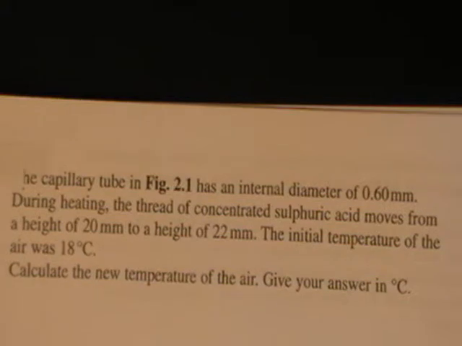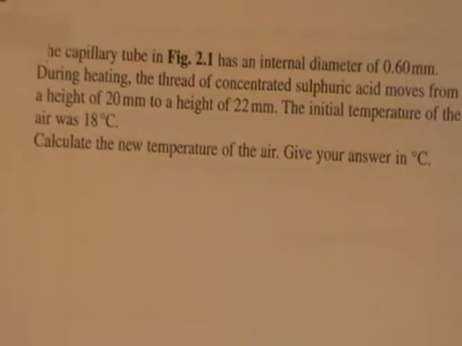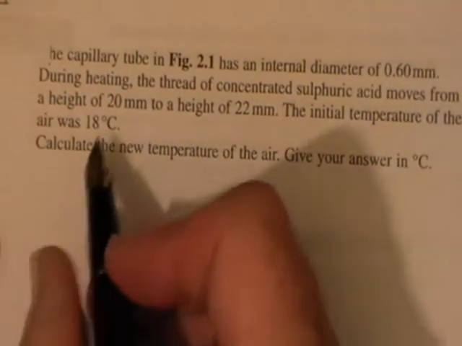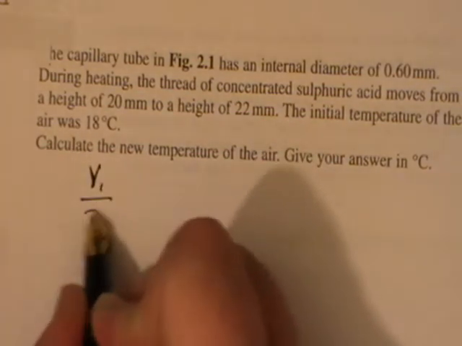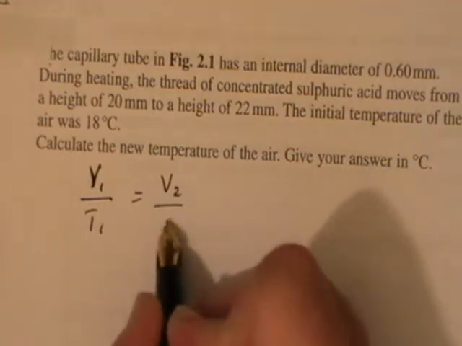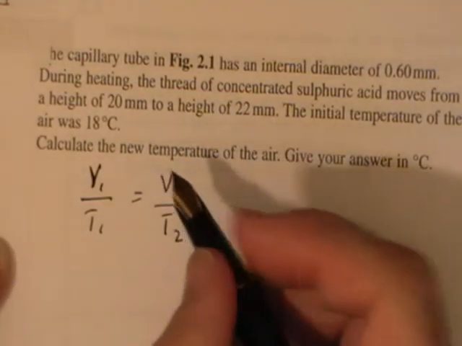Alright, so we're very simply going to say here, well, the pressure in this is constant, so we can say V1 over T1 is equal to V2 over T2.